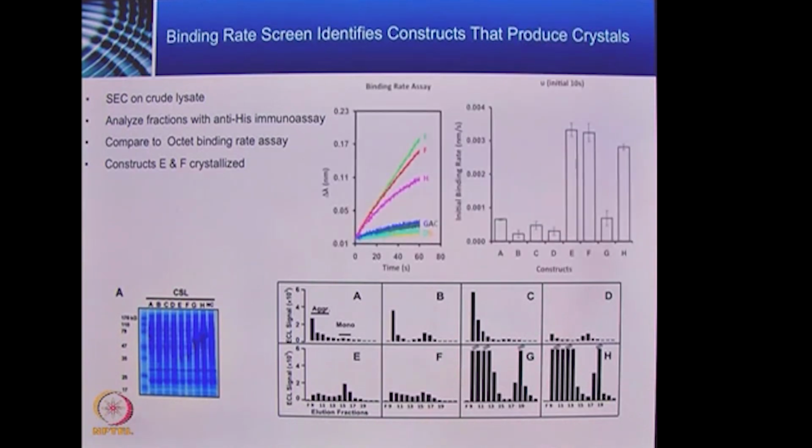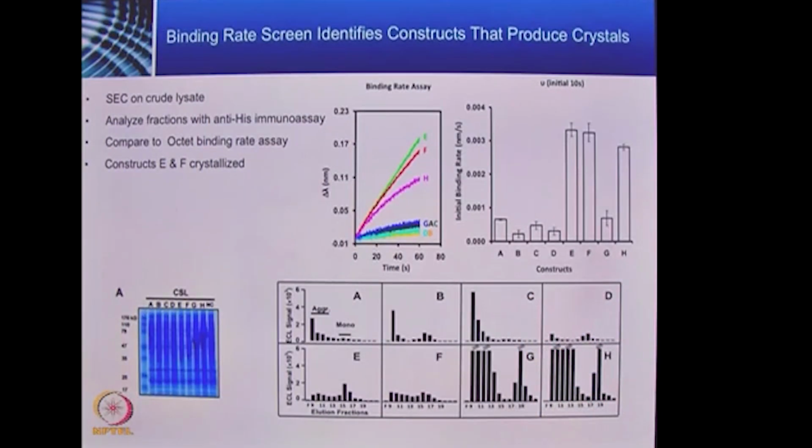As a second step of the study, the researchers then express the different constructs in E. coli and use the BLI technology to analyze the binding of the expressed protein to the biosensors with anti-His antibody immobilized on it.